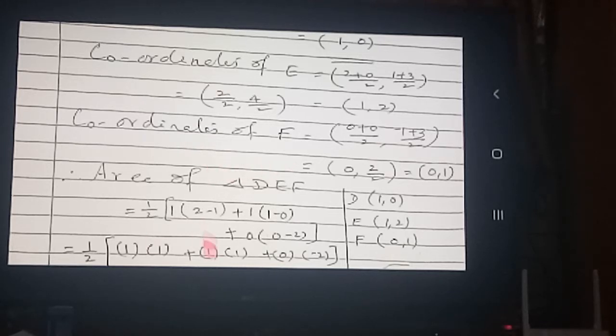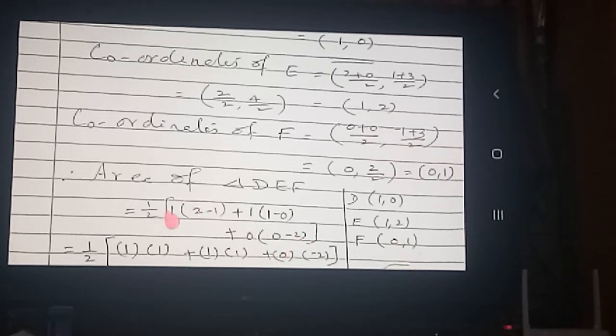Okay. Now what is your method? Find the area of triangle DEF. I didn't write the area of triangle formula here, but you have to write it for the exam. Okay, what is the formula? Half into x1 into (y2 minus y3) plus x2 into (y3 minus y1) plus x3 into (y1 minus y2).